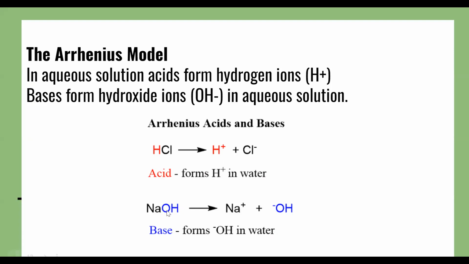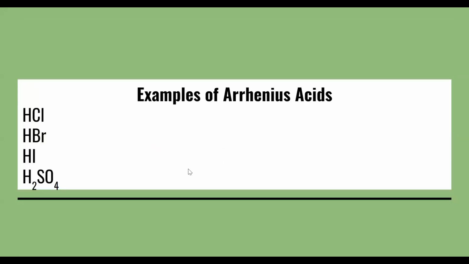And then base has to be a hydroxide-containing compound. In solution, they give off hydroxide ion. These are all examples of Arrhenius acids. Each of these will give hydrogen ion in solution.